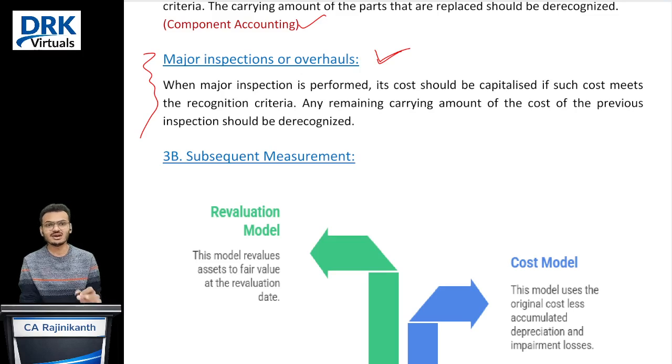Whatever inspection costs we incur, we can capitalize if they meet the recognition criteria. And the carrying amount of the previous inspection, from which we are not going to get any future economic benefits, we need to de-recognize at its carrying amount. That is what the standard is saying.